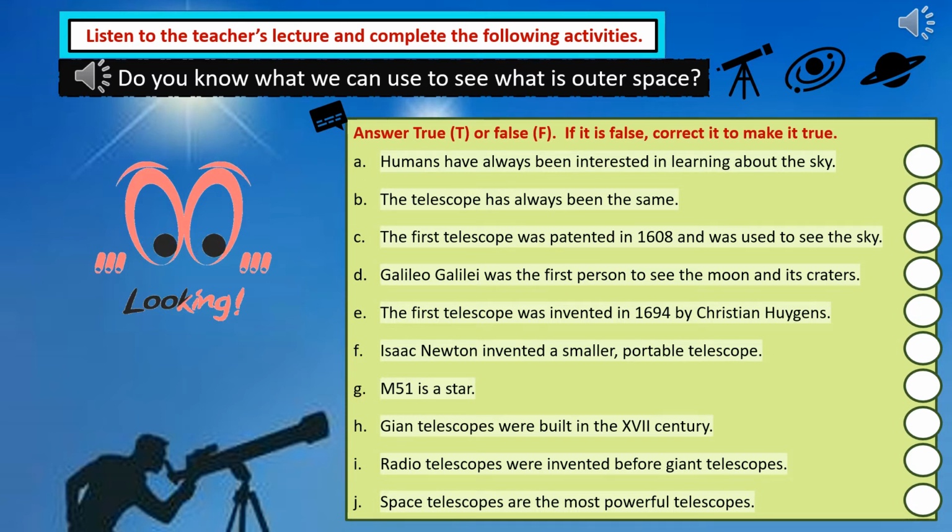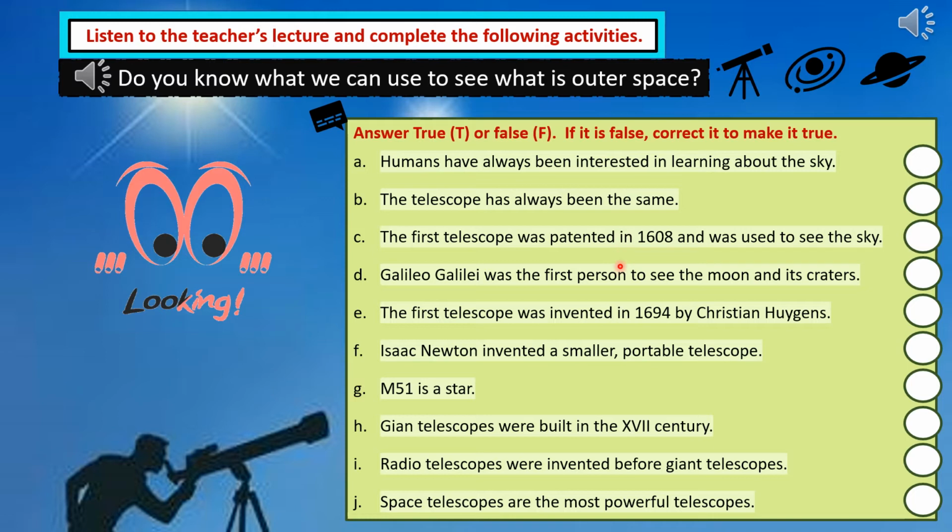Page 9. People across cultures have always been curious about the stars, planets, moon, and sun. This interest has led many inventors, scientists, or even common people to build something that would help see what is beyond the clouds. The telescope as we know it has passed through massive transformation since it was first patented in 1608.